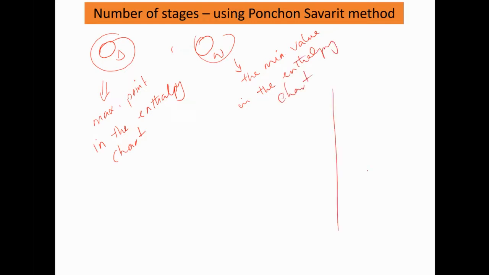Because if you remember, we had something like this before. As a quick reminder here, this is the enthalpy. We have here OD, and we have OW, and we have the feed, it doesn't matter where exactly, but it is at XW, XD, and X feed.